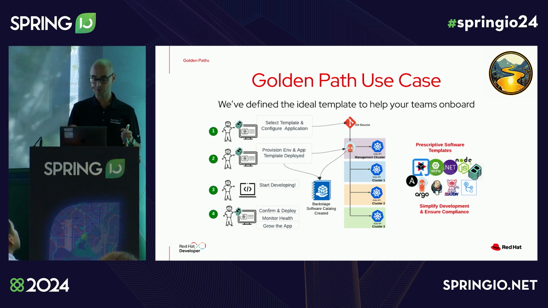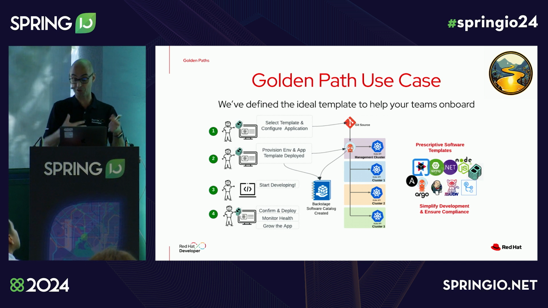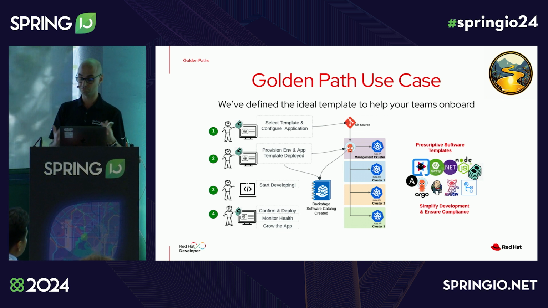And after that, you can just start developing your application, doing commits, pushes, and so on. And also there is this part of monitoring health, so you can check every time what's going on in your application.